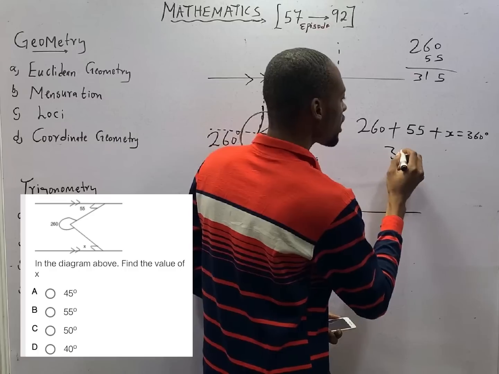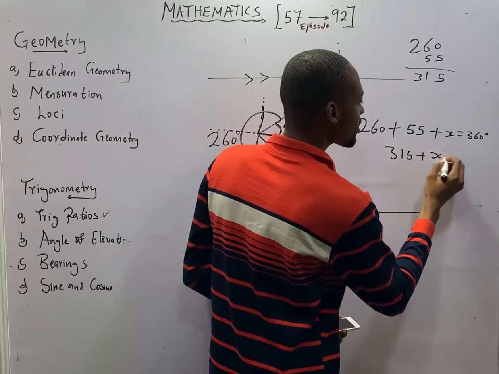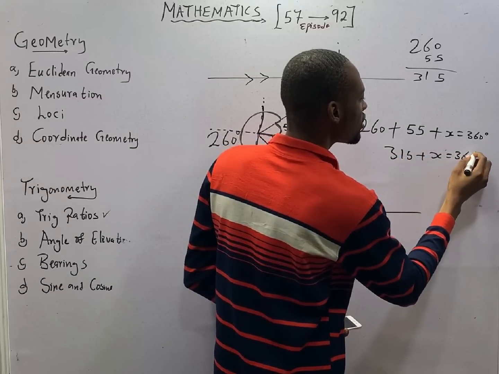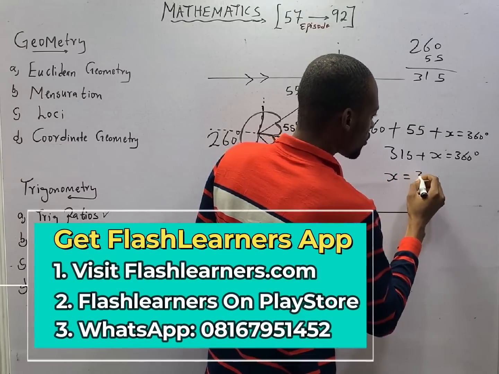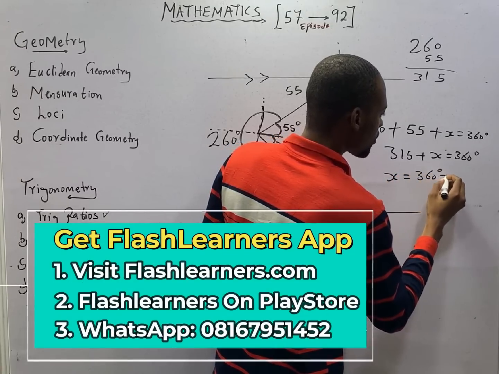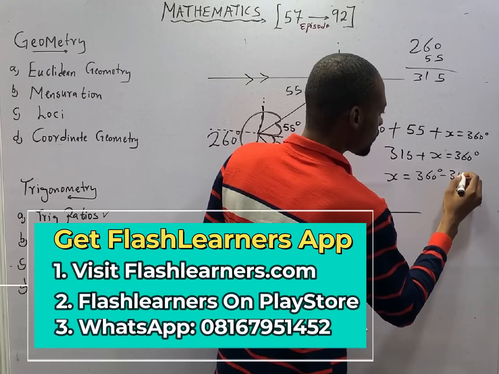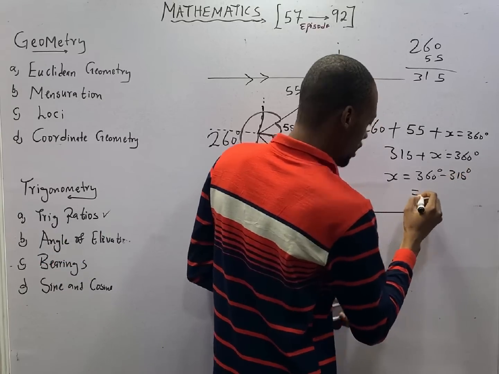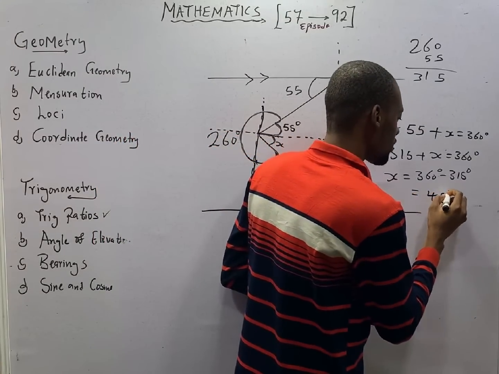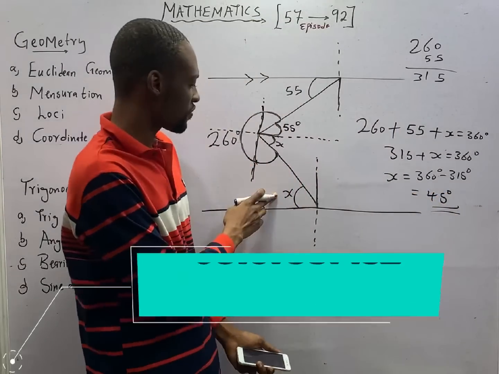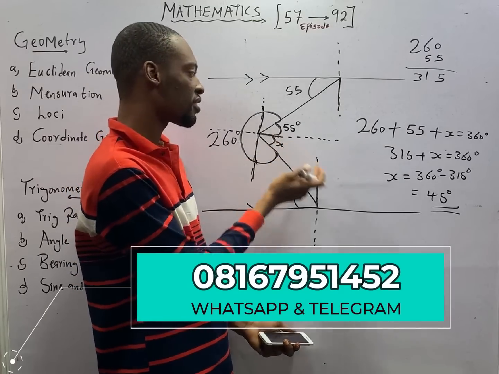So 315 plus S is equals 360 degrees. S is equals 360 degrees minus 315 degrees. S should give you 45 degrees. So this is 45 degrees and this is 45 degrees.